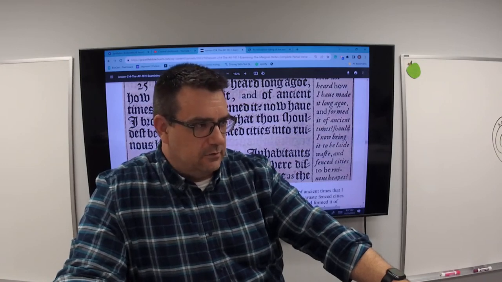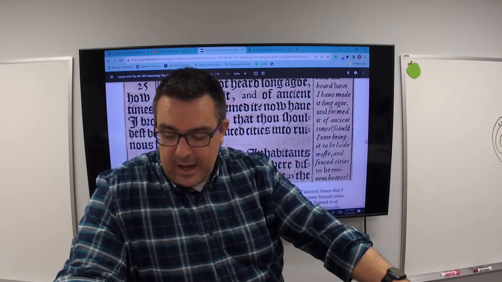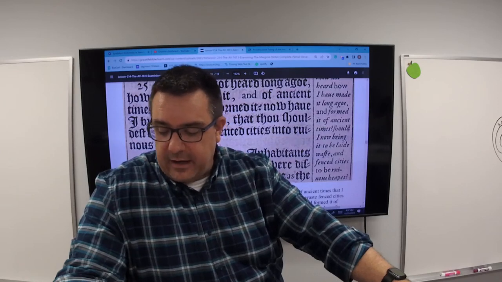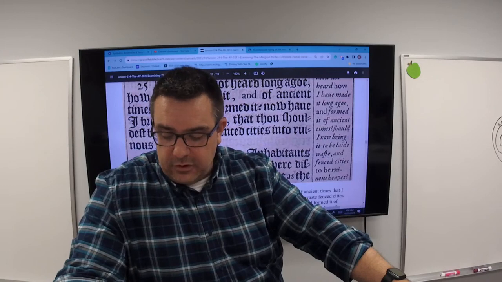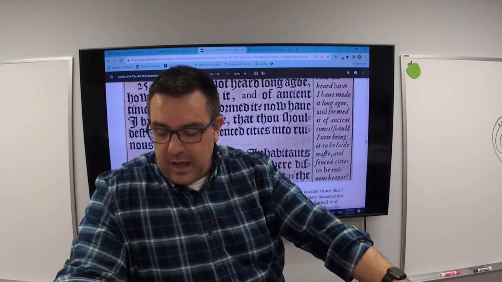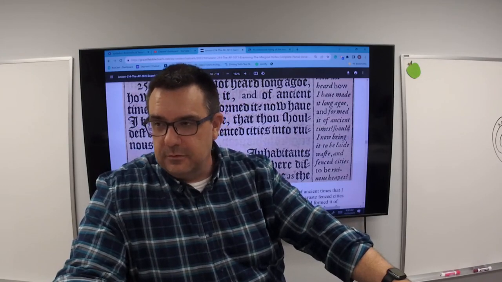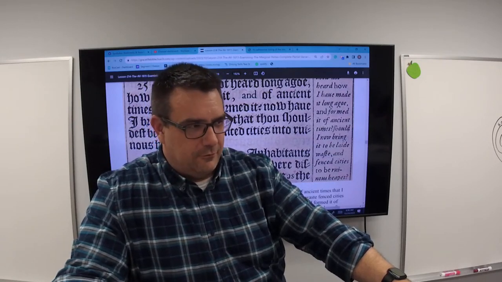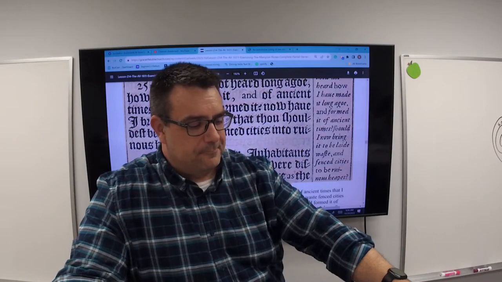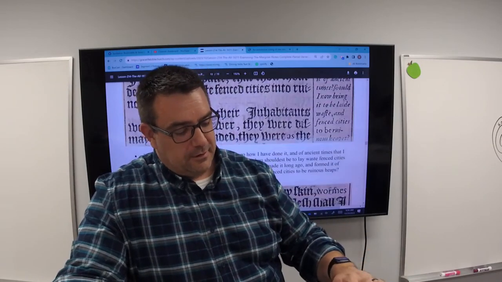That's what the text says. Or, "hast thou not heard how I have made it long ago and formed it of ancient times? Should I now bring it to laid waste and fence cities to ruinous heaps?" So, is there an alternative English rendering for the entire verse in the margin? Yeah. Okay. Let's go to the next one.